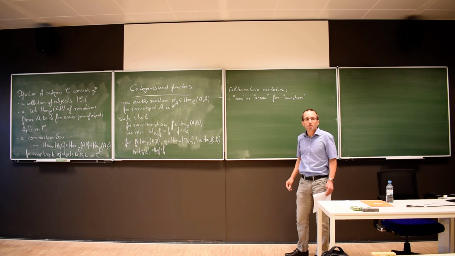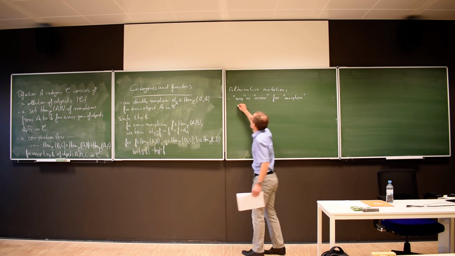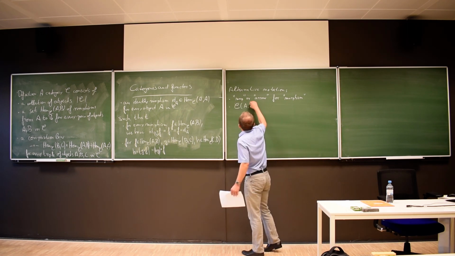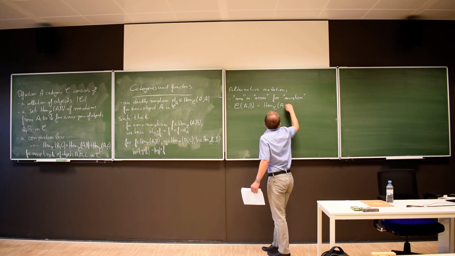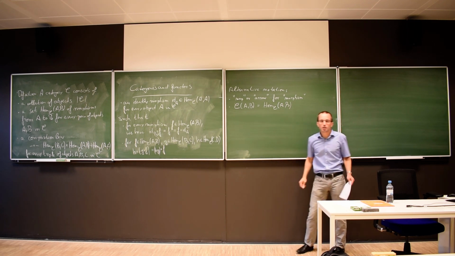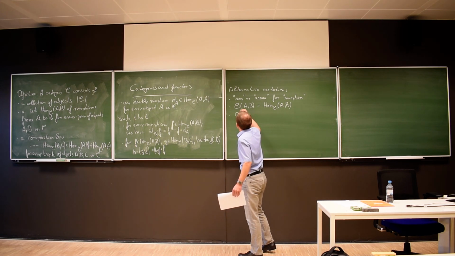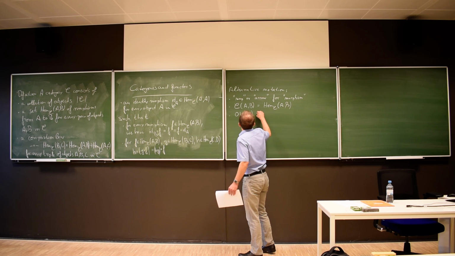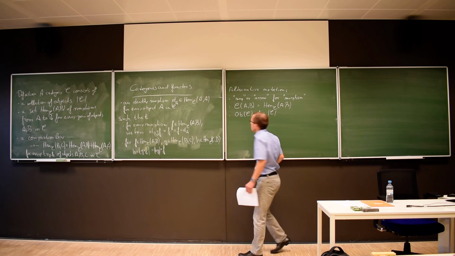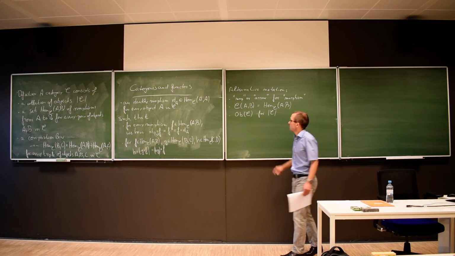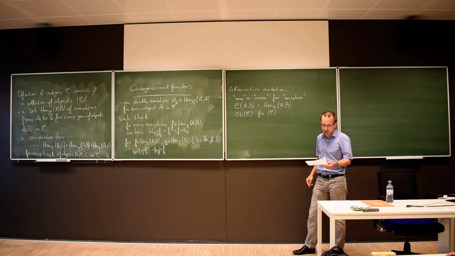Another notation that one often encounters and that I will probably mostly use in the sequel is to simply write C(A, B) for the set of homomorphisms in C from A to B. This is a shorter notation that's often convenient. Another notation that is also used in many textbooks is to write op C for what I denoted as C bar, which has the advantage that it doesn't collide with other uses of this bar notation.